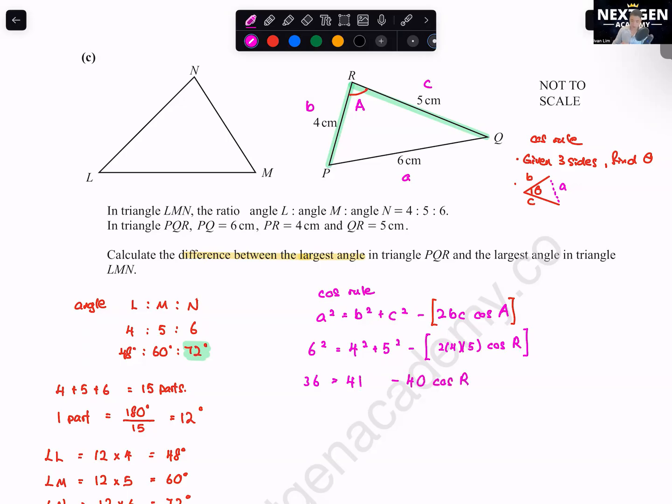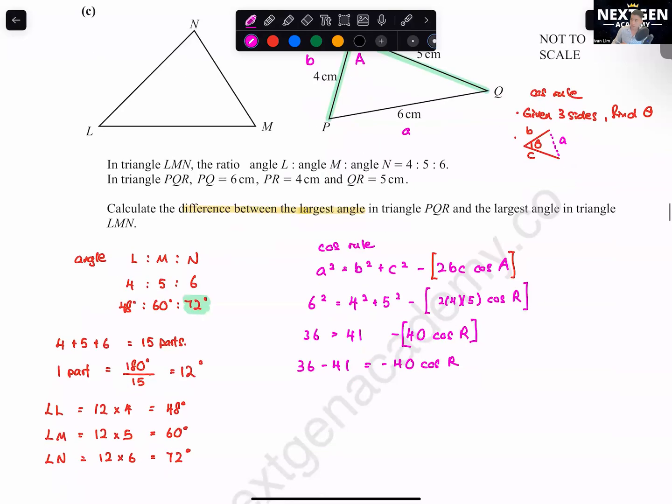One common mistake students make is to take 41 minus 40. Don't do that. You cannot do that because 41 cannot minus 40 cos R. So you need to bring this to the left-hand side first. 36 minus 41 equals negative 40 cos R. That's why I want you to put the bracket there, to remind yourself that you cannot join the 41 value with the 40 value.